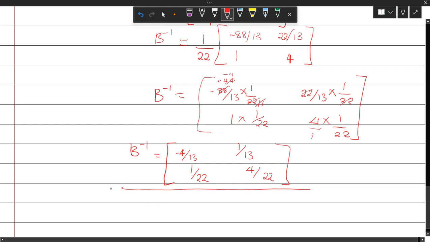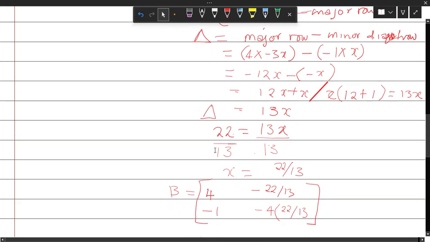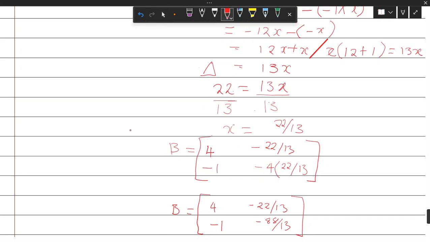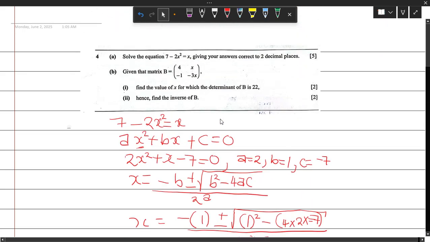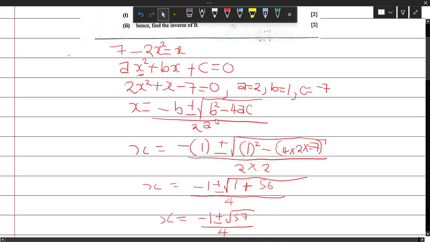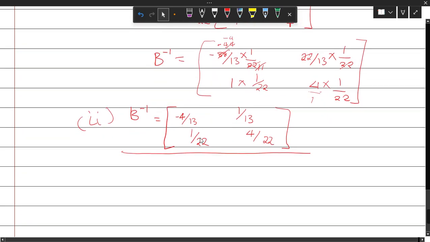So this is how you answer. So this is part 2 of your question, where we were solving for x. So this is part 1. Okay, so this is how you answer questions like this.